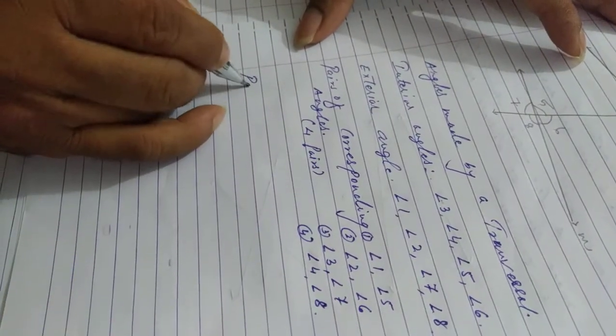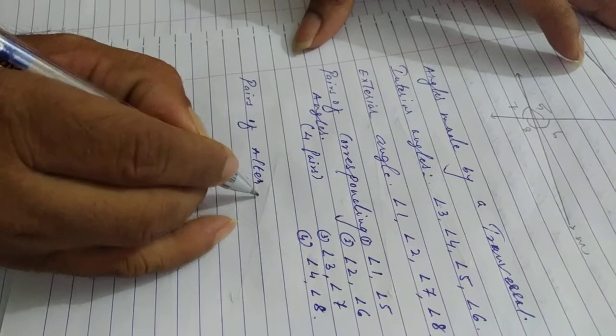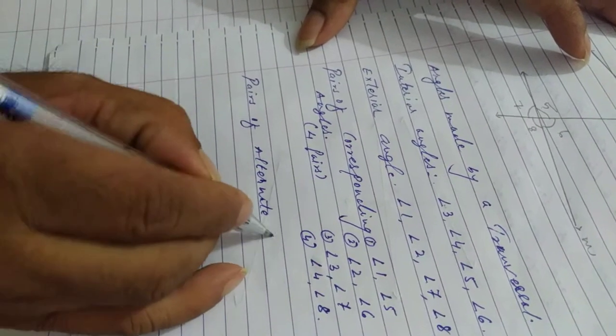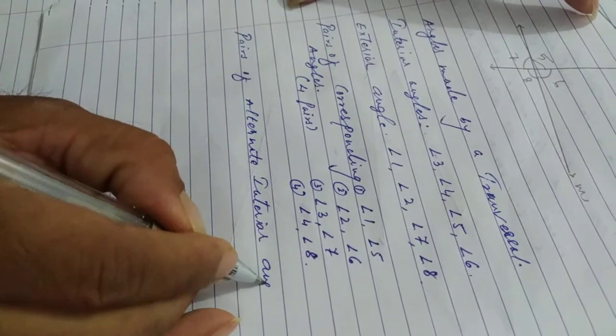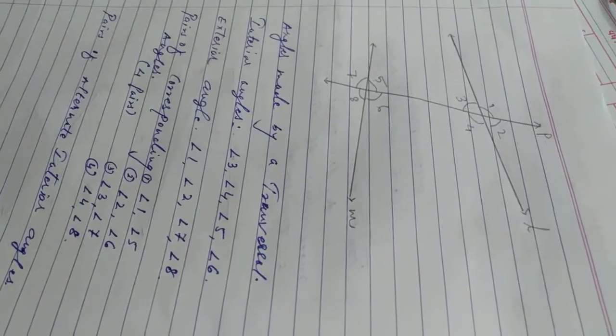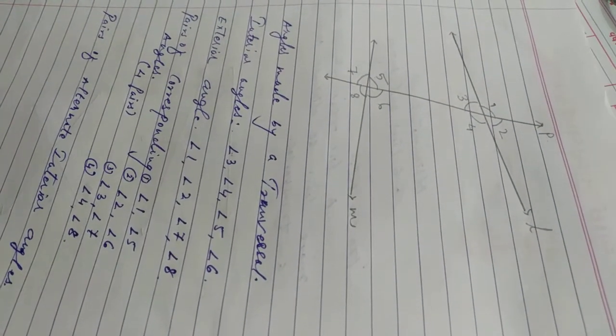Now then, pairs of alternate interior angles. See here, angle 3 and angle 6.